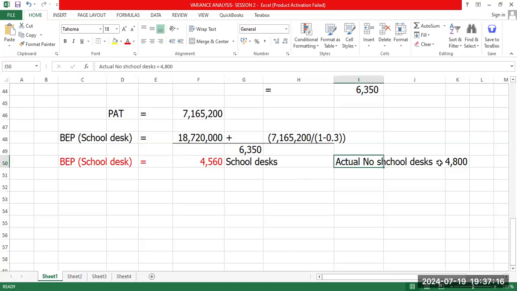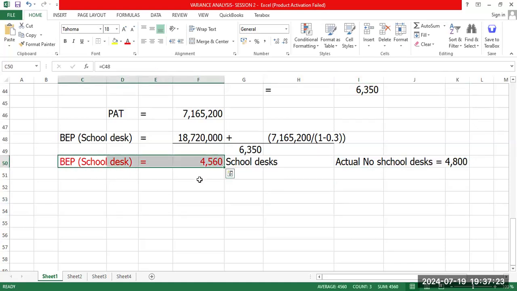Here they are telling us that they produced and sold this. But we know that at break-even point, if a company can sell these school desks, they will be in a position to recover their initial investment.